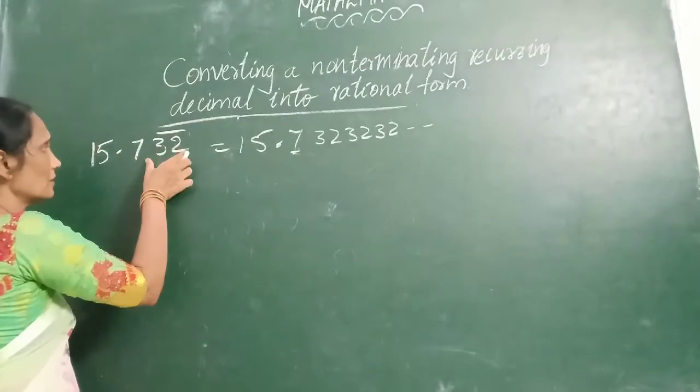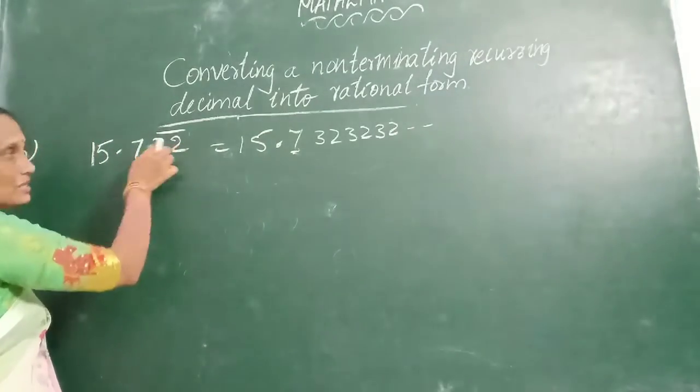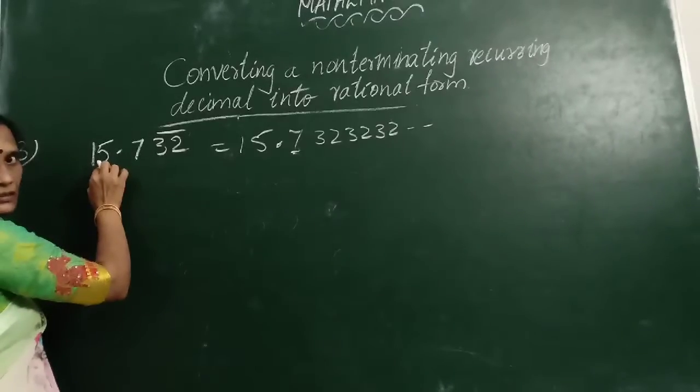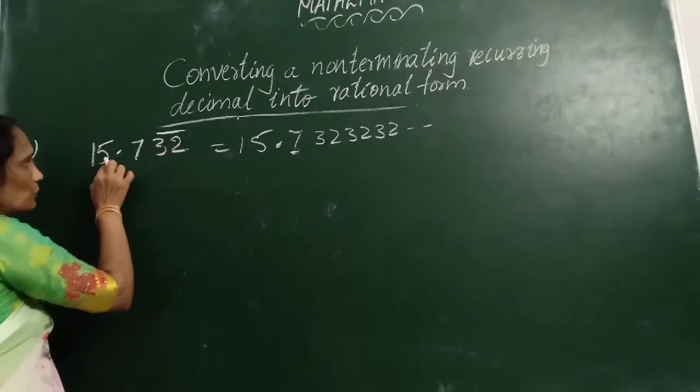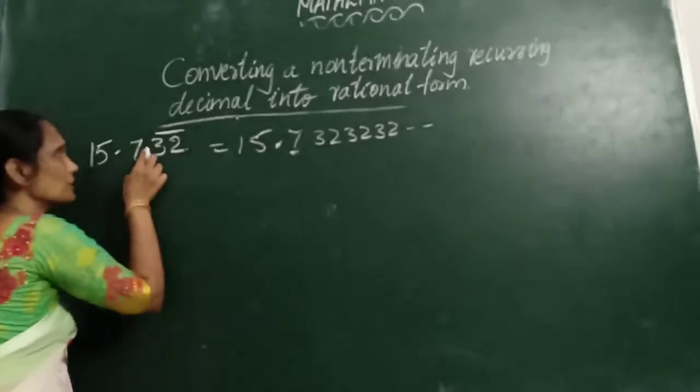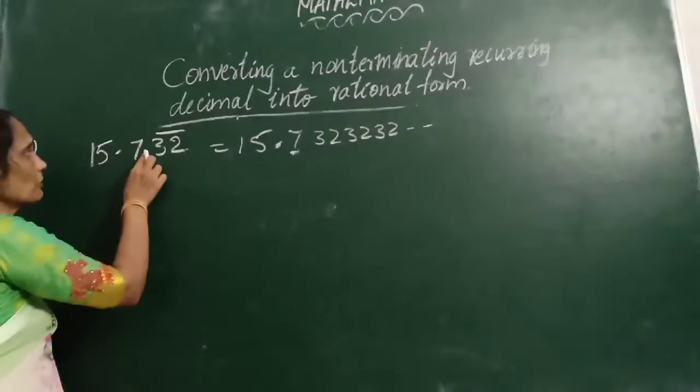In this question, only 32 is repeated. 7 is not repeated. If I want to bring 7 to this side, I should multiply by 10. 10 means the point will move 1 digit to the right, so it will become 157.32 bar.